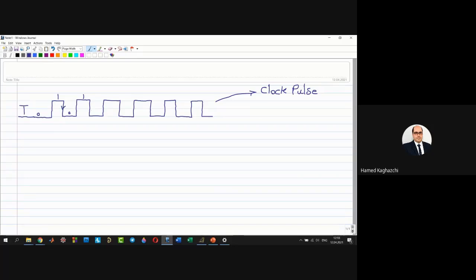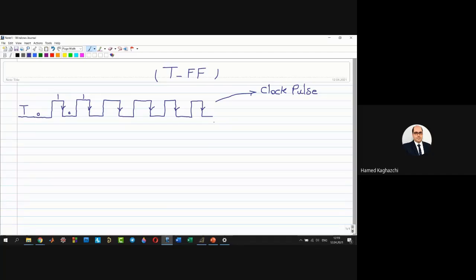Now, this toggle flip-flop, this type of toggle flip-flop that we consider in this course, is of the downward type. So I determine the downward edge of the digital clock pulse.